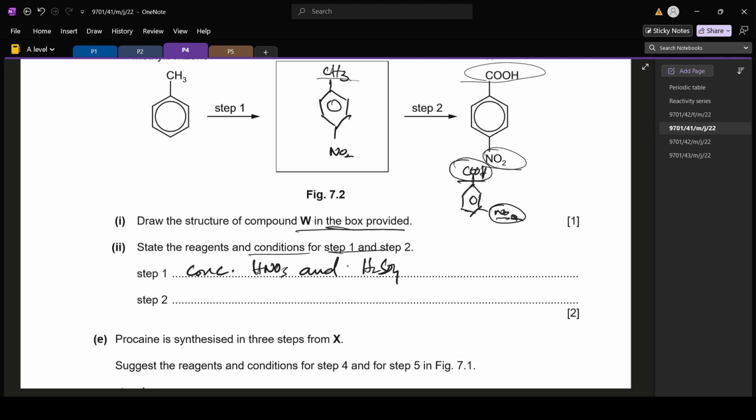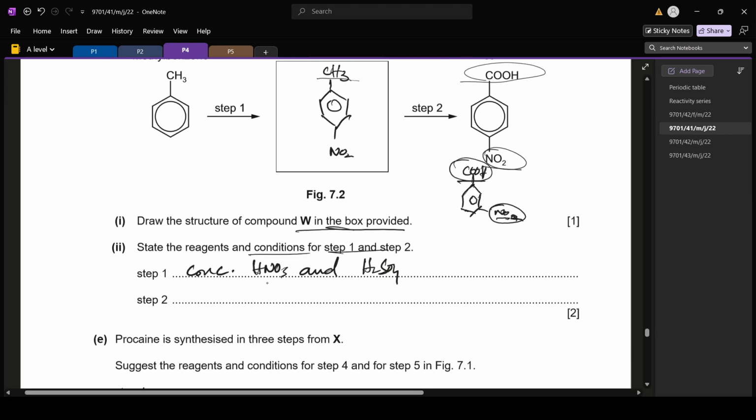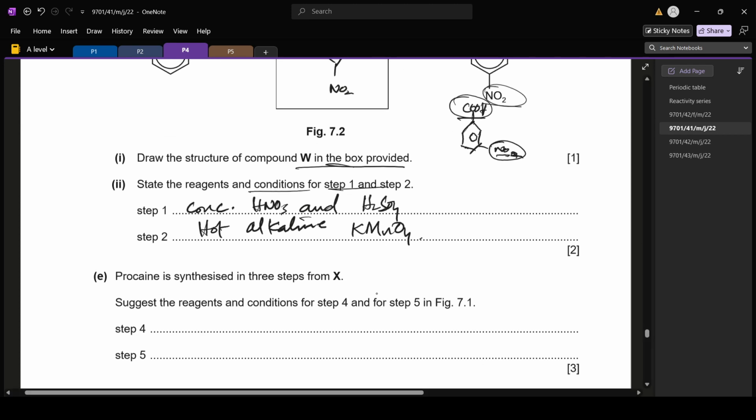Then in step 2 there is oxidation of this methyl group, and this happens by alkaline KMnO4. These conditions you have to remember them.